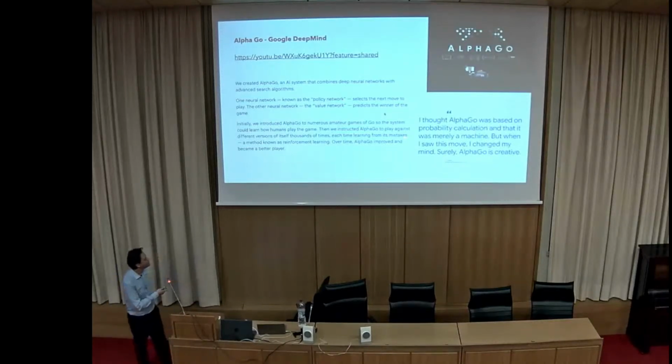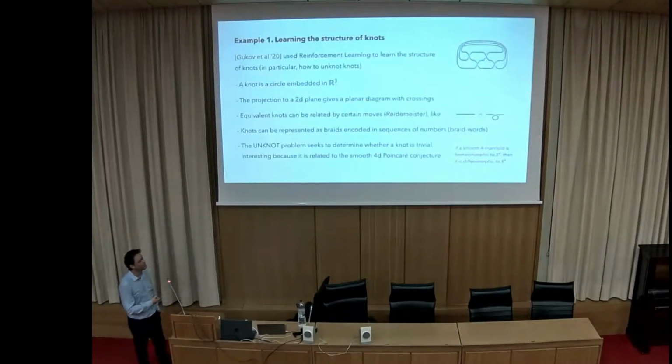At that point they have this world champion saying, I thought AlphaGo was based on probability calculation and that it was merely a machine. But when I saw this move, I changed my mind. Surely AlphaGo is creative. Because people started studying the way the algorithm was choosing strategies to learn how to play the game better. Okay, so that's really cool.